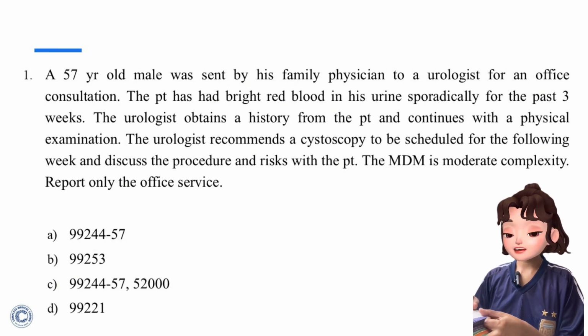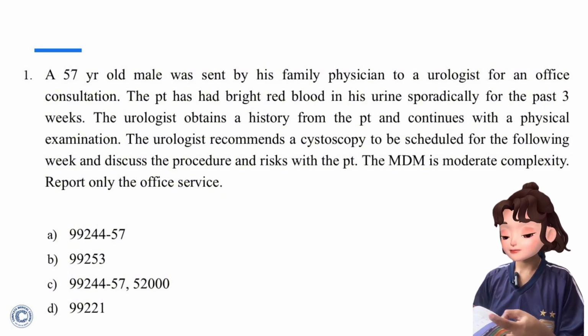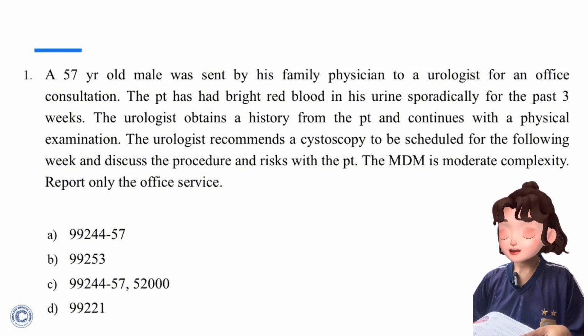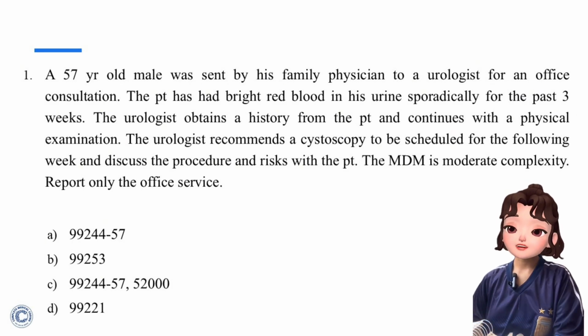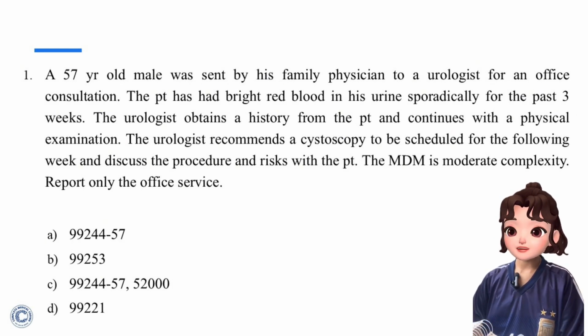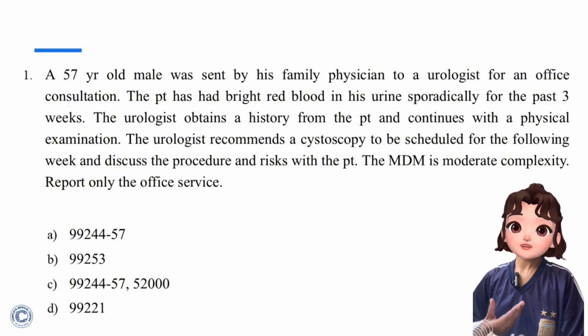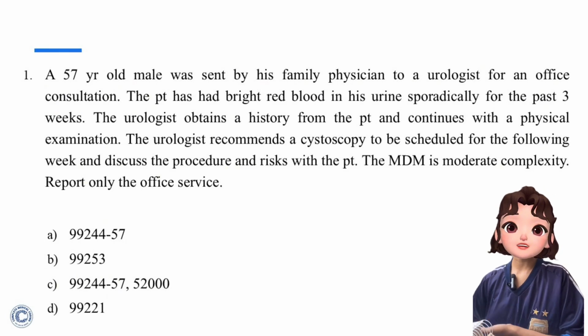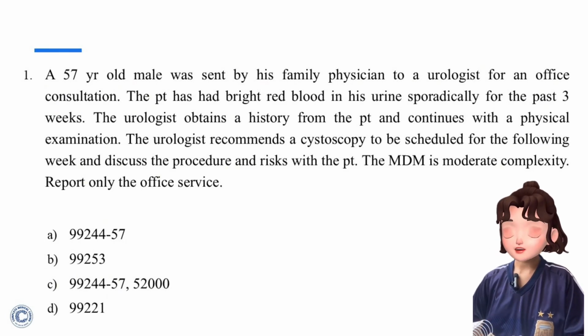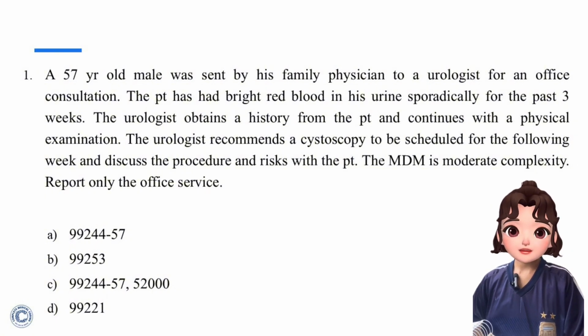Even if you find the correct answer, check the other options as well, because there might be an accurate code. 52000 is cystourethroscopy, but you cannot code it now because the doctor has not yet done the procedure. He is going to do it, so you can't bill it. Since the cystoscopy is not carried out yet, you can't code it. So option C is incorrect and we can eliminate it.